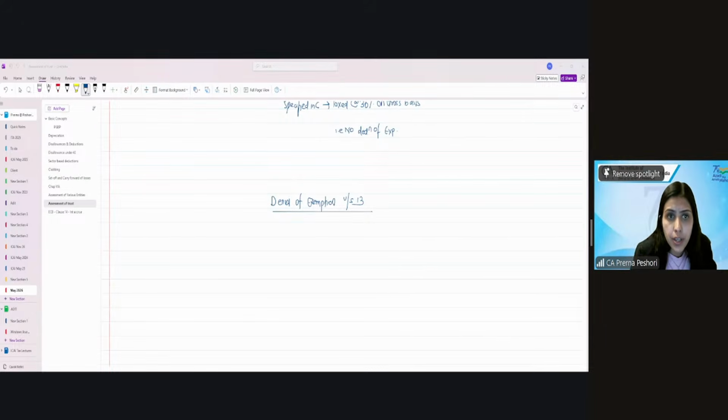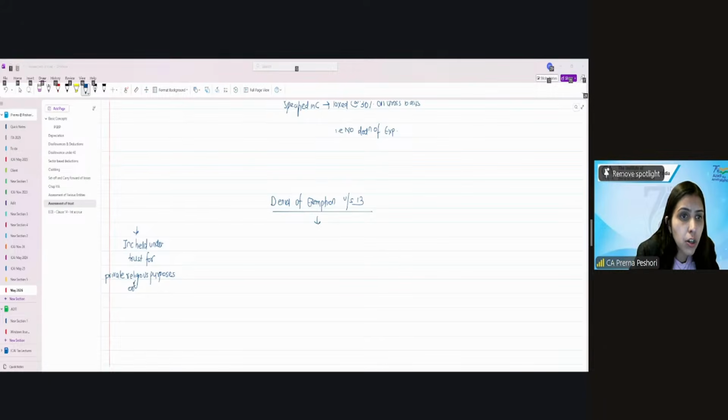So in the case where the income is held under trust for private religious purposes or for any particular religious community or caste.